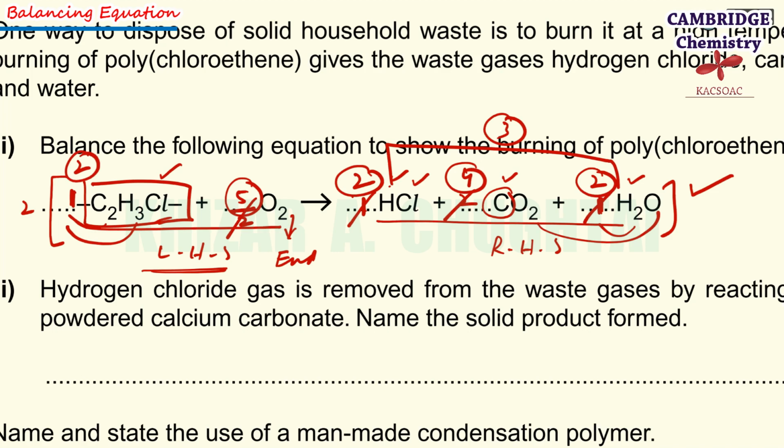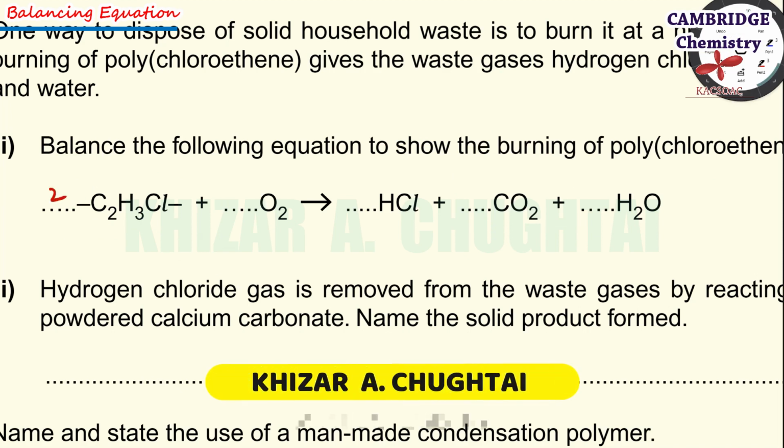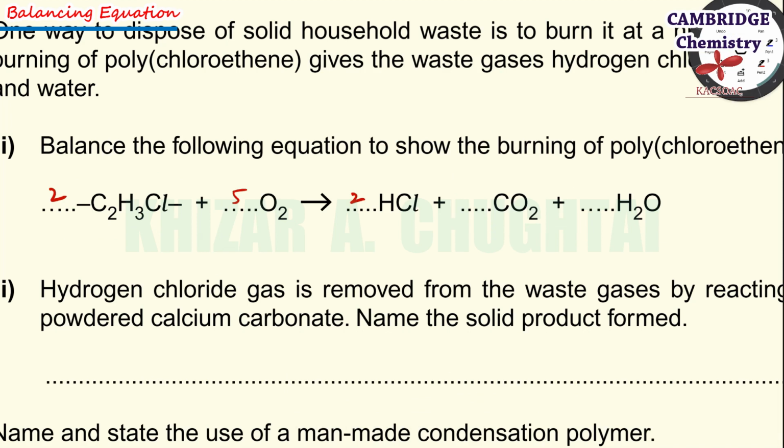Once again, I am writing in a neat format: 2, 5, 2, and 4, 2. Now this equation is balanced. This is one of the simple methods, that is not the redox method. You can also balance the redox equation by balancing the loss and gain of electrons, that is known as the redox method.